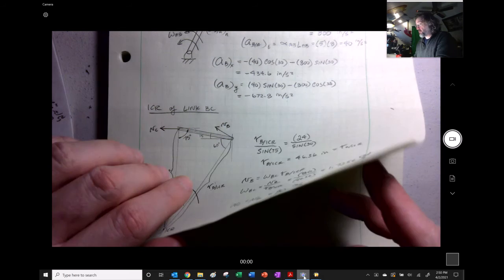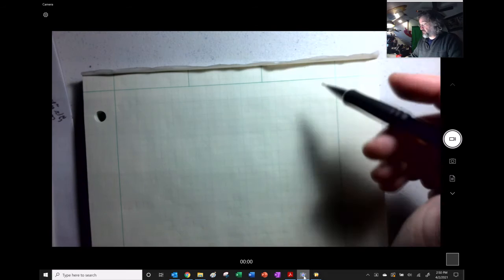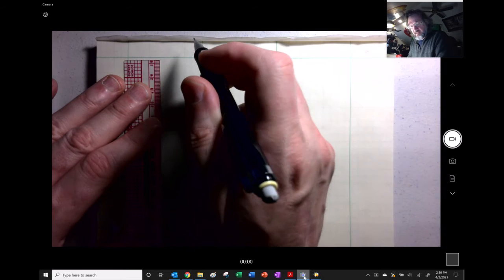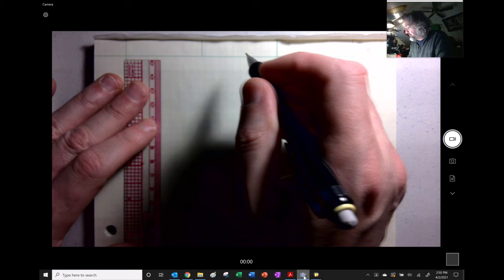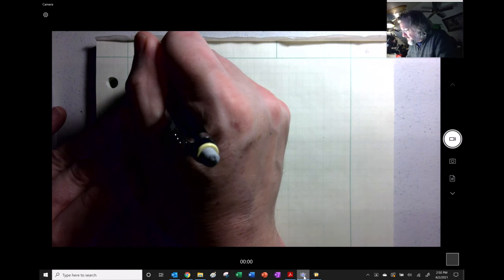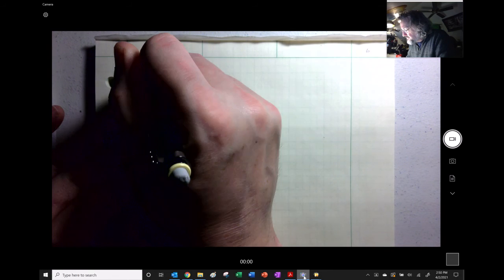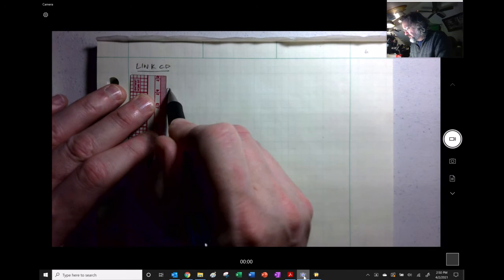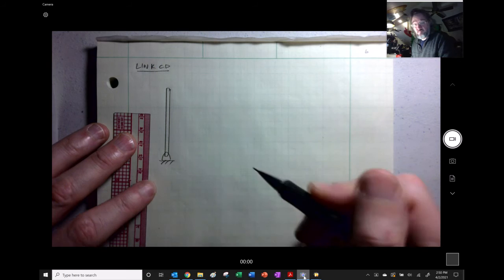All right, so now we can continue on. And this is page 6. We'll finish all this other stuff up later. I'm going to go to the link CD. So this is going to be link CD. And it's just going to be a vertical link in pure rotation.